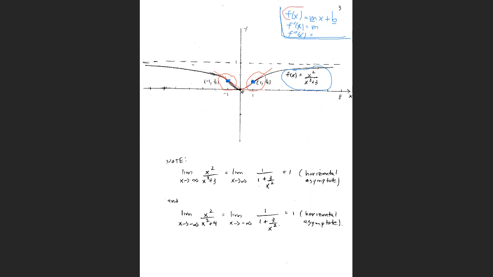So when we have a line, of course the first derivative is equal to the slope, m. The second derivative is equal to 0. So that means that a line is neither concave up nor concave down.